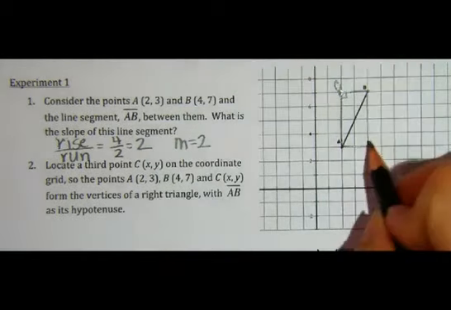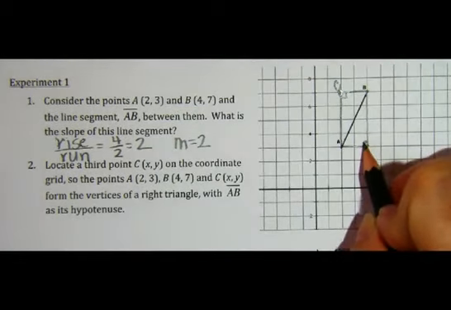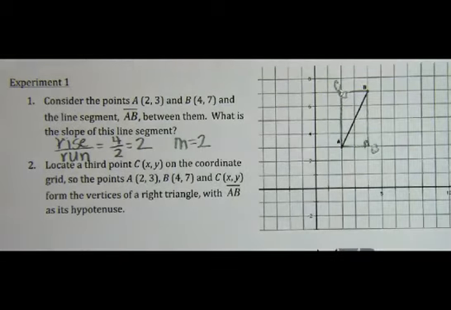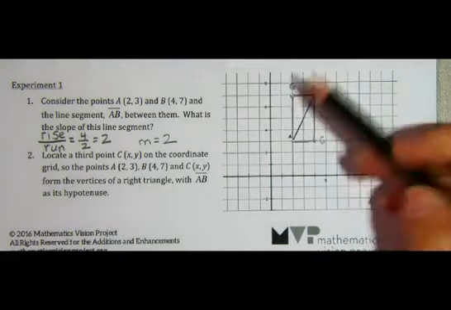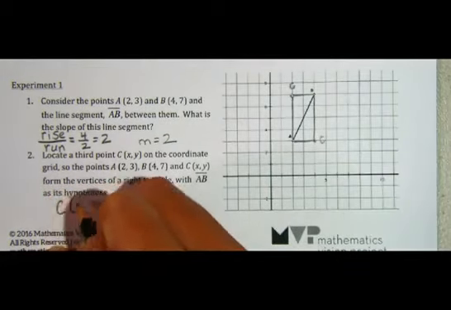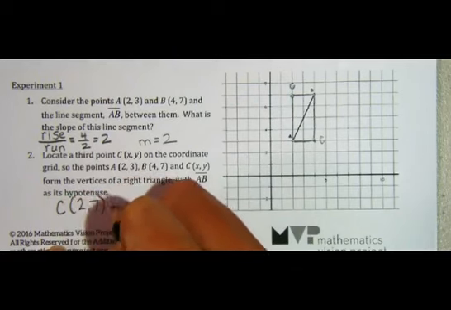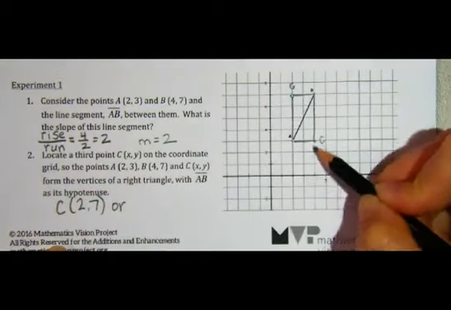This gives us another possible option for point C. Point C could be located at 2, 7, or at point 4, 3.